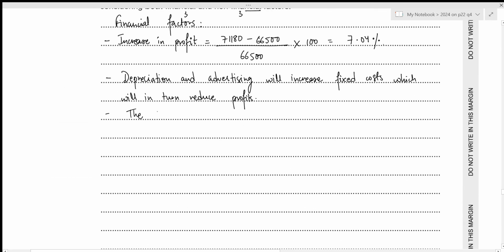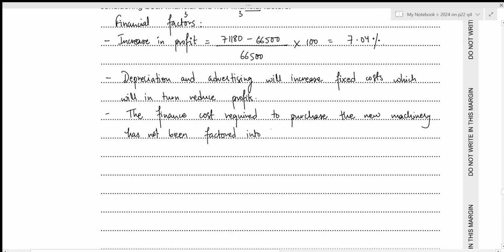The finance cost required to purchase the new machinery has not been factored into the plan. That is all for our financial factors. Now let's move towards the non-financial factors.